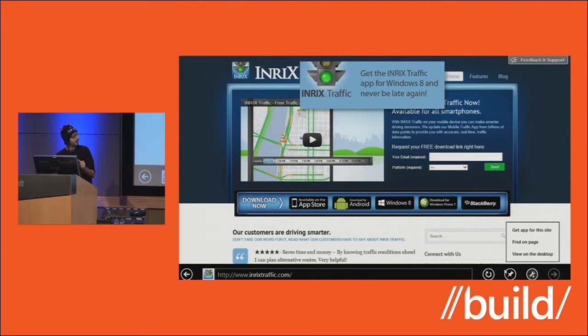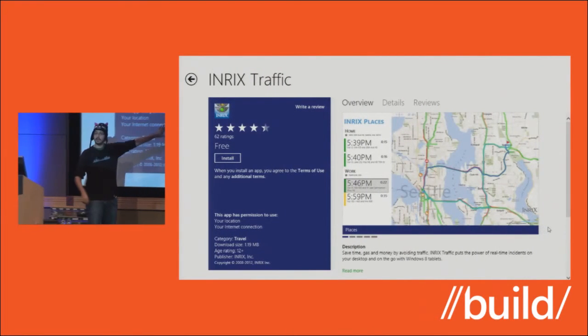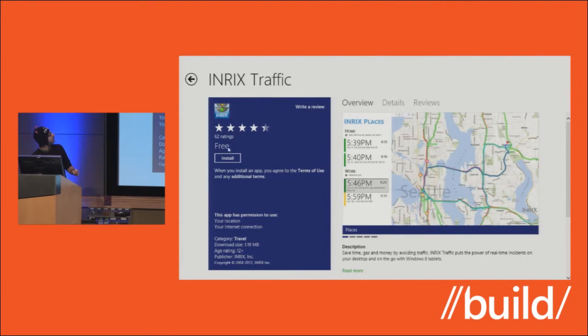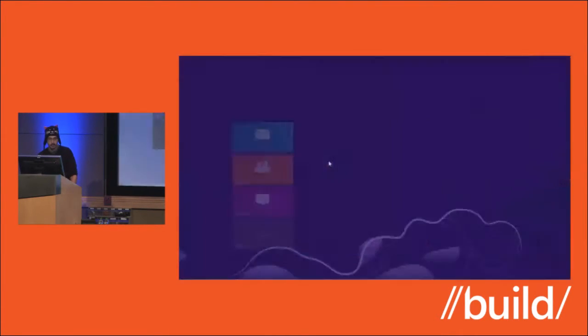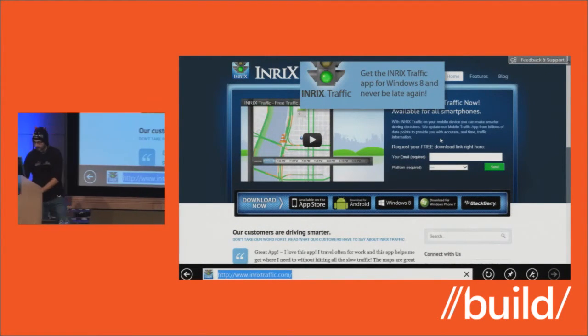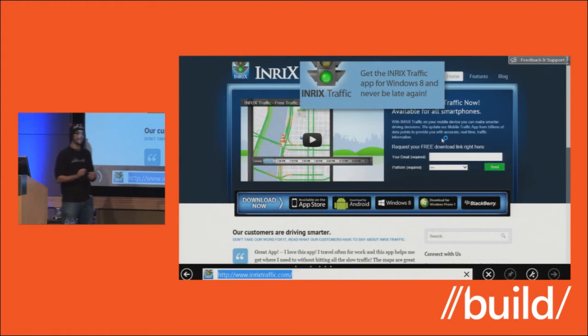When I click Get App for this site, it will open up the store, and I will get to the actual app listing. When I hit Install, and as the app is being installed, this wrench icon is smart enough to realize that I have actually installed this app. So let me reload this page.